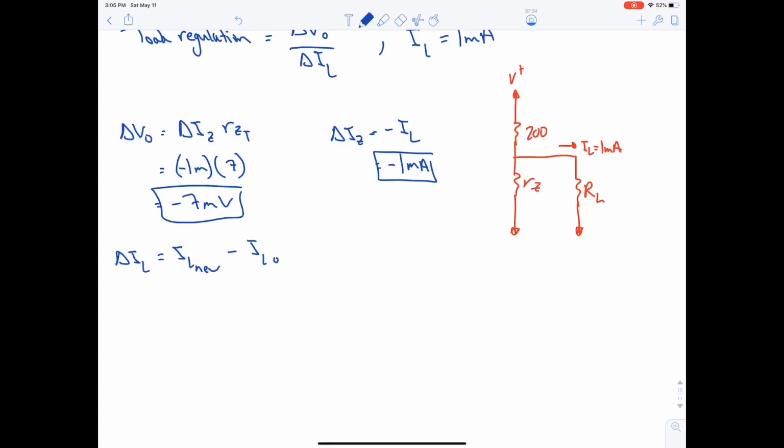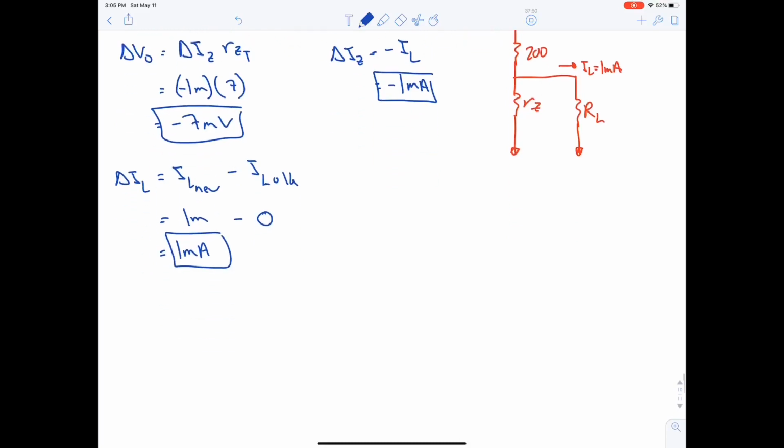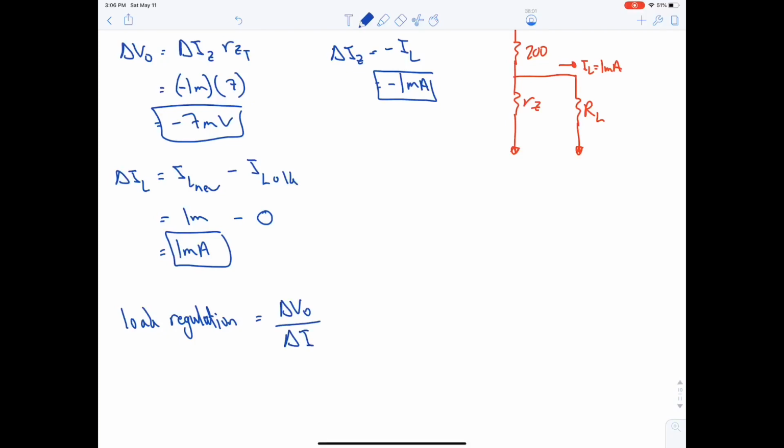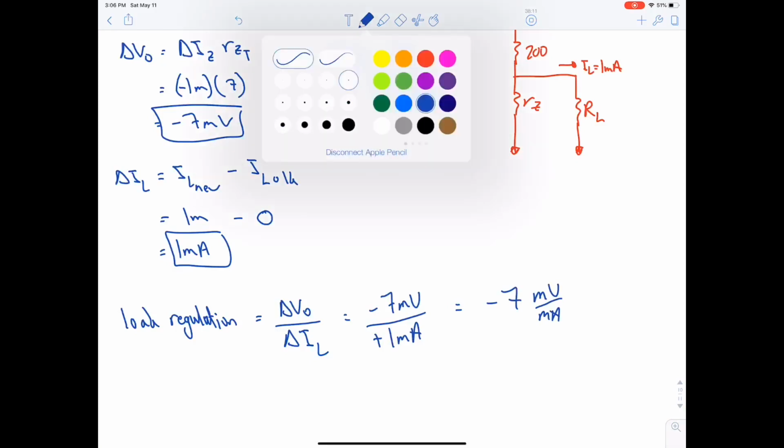There is no old load resistance, so IL old is 0, and the new IL, the current load current, is 1 milliampere. Okay, so the load regulation is equal to delta V naught over delta IL, which is minus 7 millivolt over 1 milliampere, and you will end up with minus 7 millivolt per milliampere. This is the load regulation.